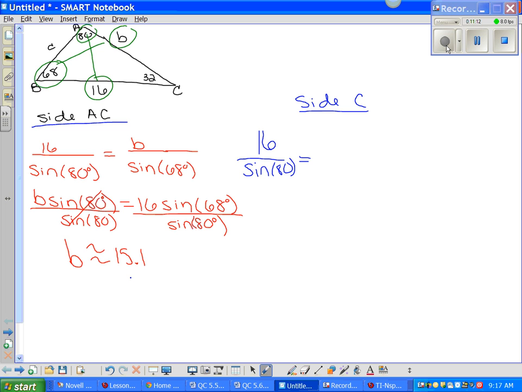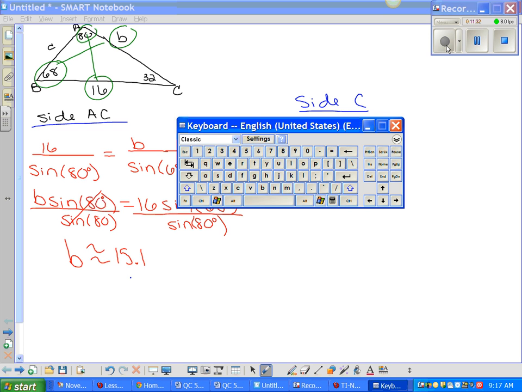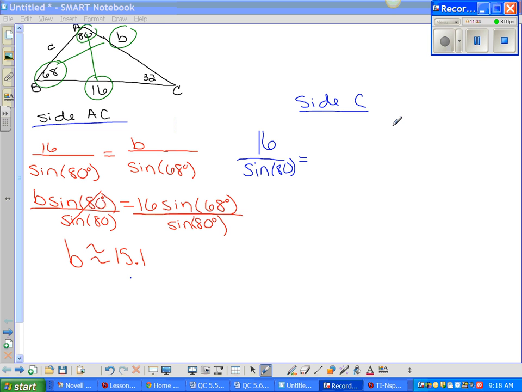And you're going to set it equal to the b over sine of 68. Okay, we're using B again? Or C. C. Eraser. Hang on. Let me just do that backwards. No, you're good. No, you're not. You're doing the last one we did. Okay. Keep going.